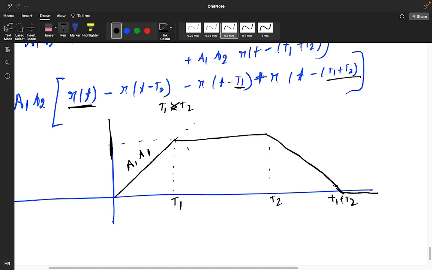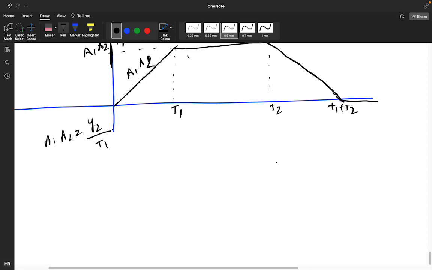The slope is a1 a2, y2 minus y1 over x2 minus x1, where y1 is 0, x2 is t1 and x1 is 0. So the value is a1 a2 t1.